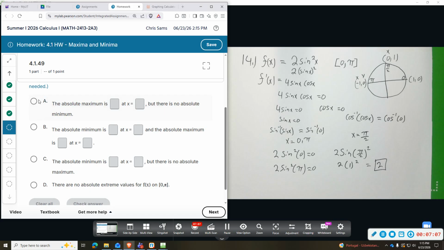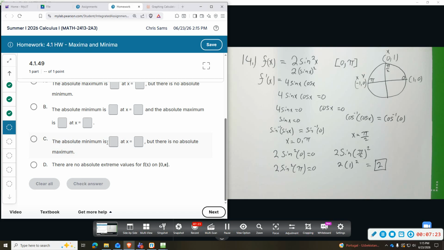So the absolute maximum is, let me see, we got different options. It says absolute minimum and absolute maximum, absolute minimum is, absolute maximum is, B might be good. The others say there's no absolute maximum, or there is no absolute extreme.